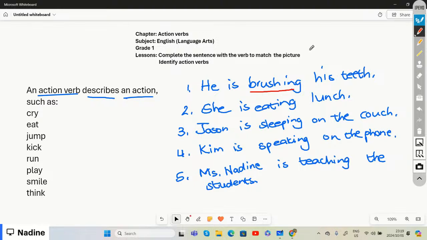The next one says she is eating lunch. And if we were to identify the action verb within that sentence, we can say eating is the action verb within that sentence.